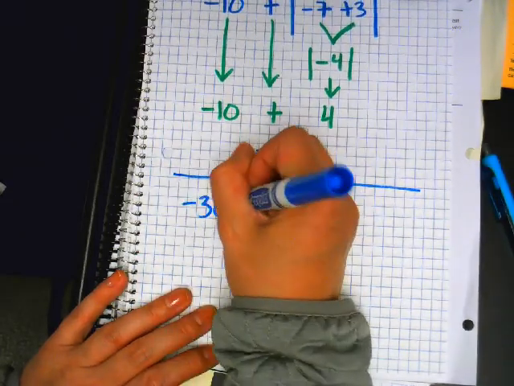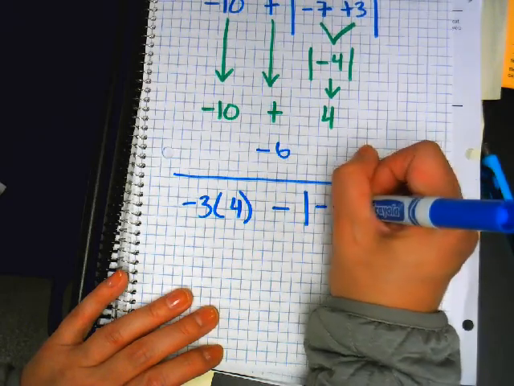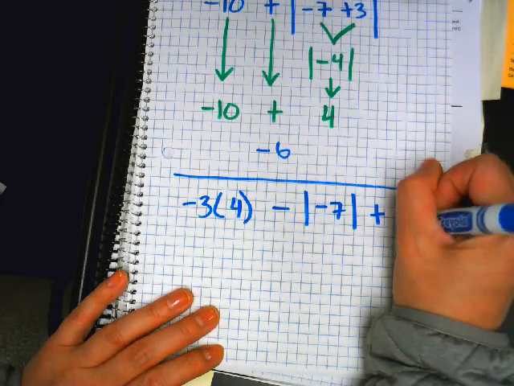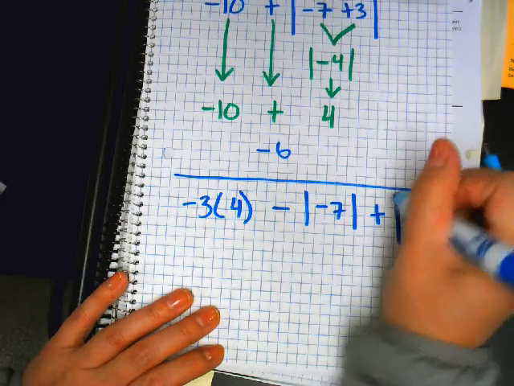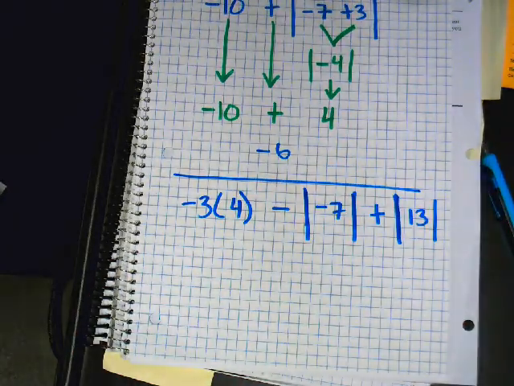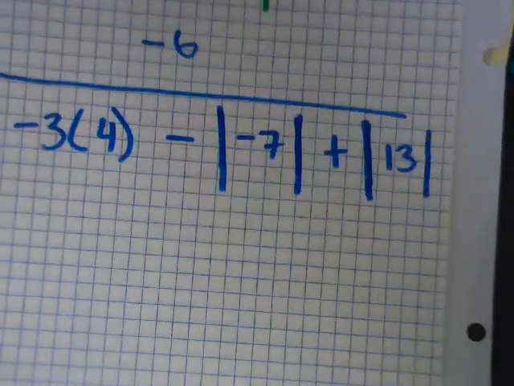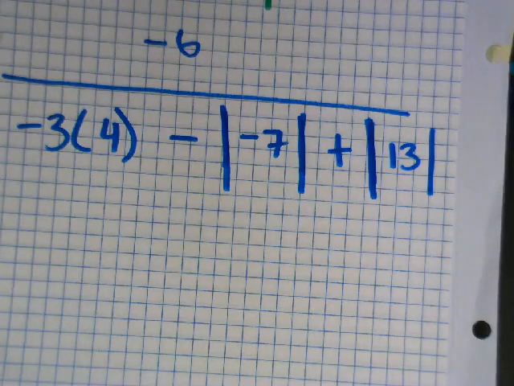-3 times 4 minus the absolute value of -7 plus the absolute value of 13. What should we do first? There's a couple things you can do first. What do you want to do first? The bars.